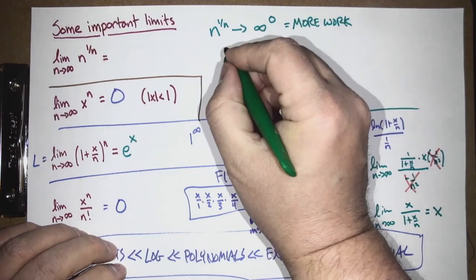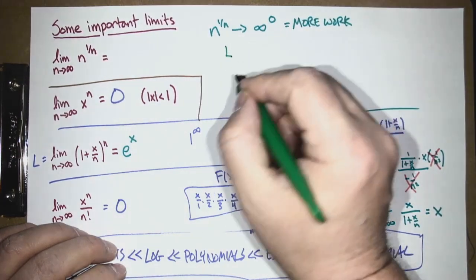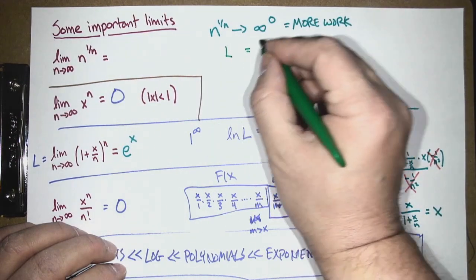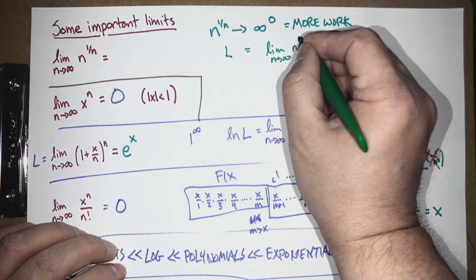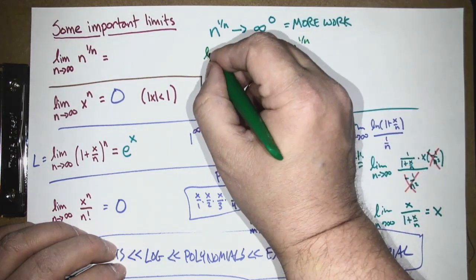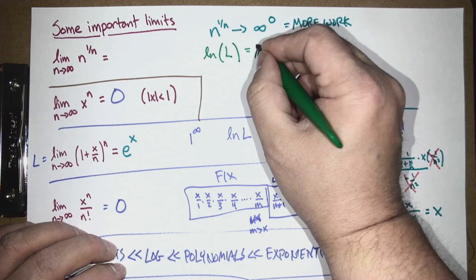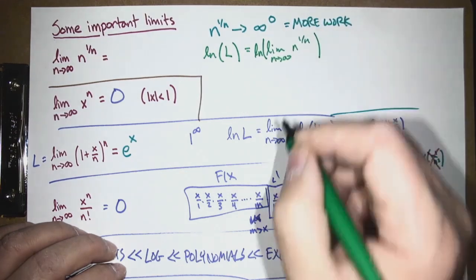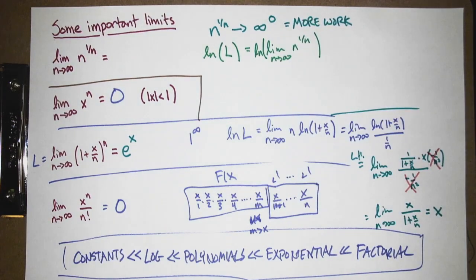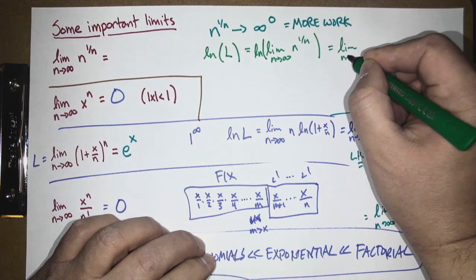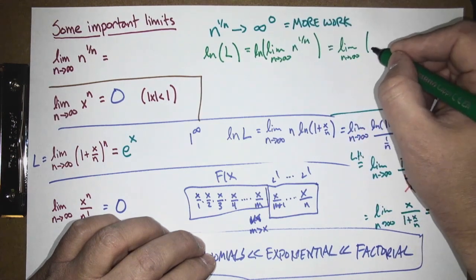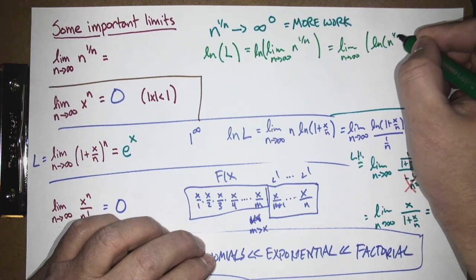Okay, all right, so we're going to call our answer L. So we have L is the limit as n goes to infinity of n to the 1 over n. So we'll take the log of both sides, so that will match. And the nice thing about log is it's a continuous function, which means you can push it into the limit. So this becomes the limit as n goes to infinity of log of n to the 1 over n.